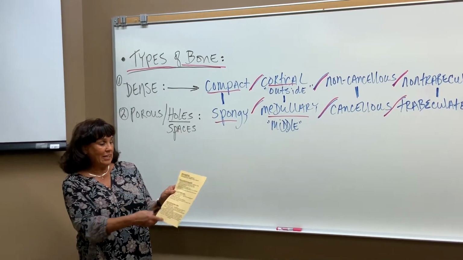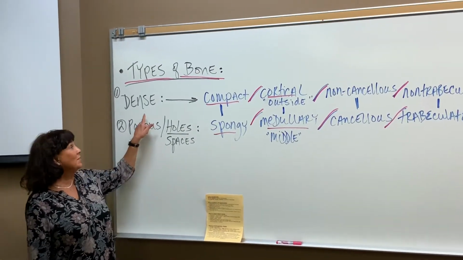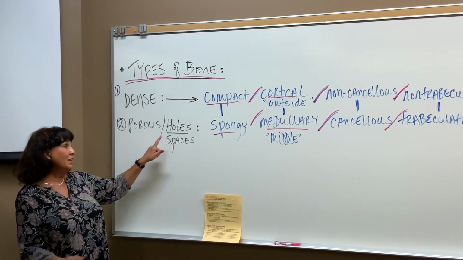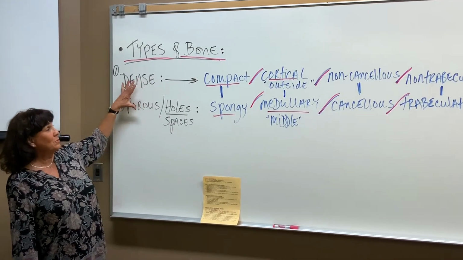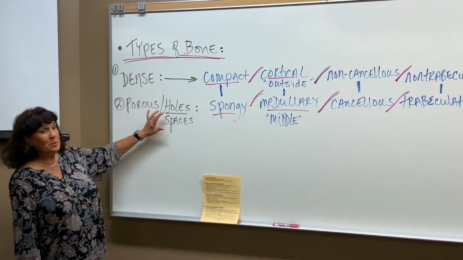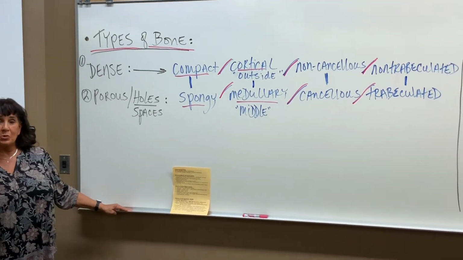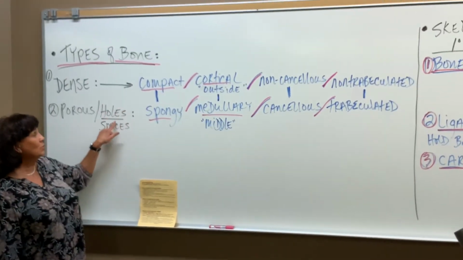So to get back here, our bones, basically, we have dense bones or we have porous bones. Porous means they have holes in them or spaces. So these are the two types that we have, dense or holey bone, or porous. Now we have different terms that doctors use to describe dense bone or holey bone.